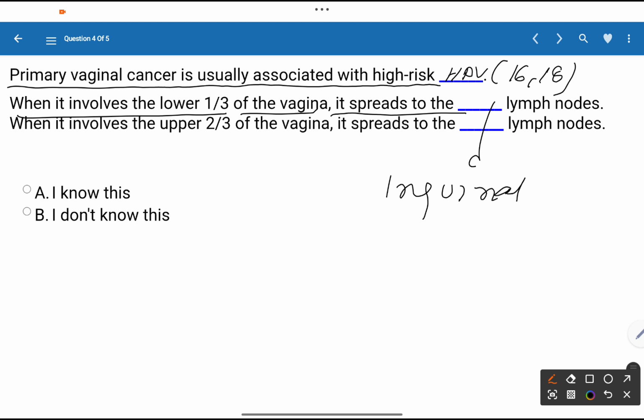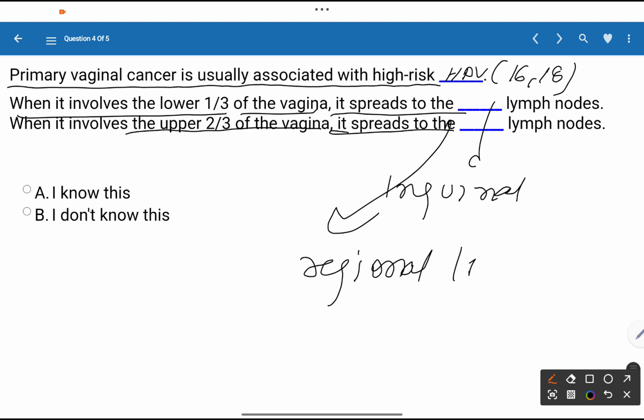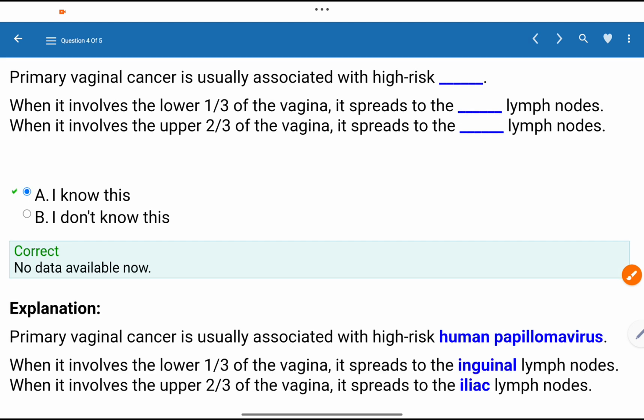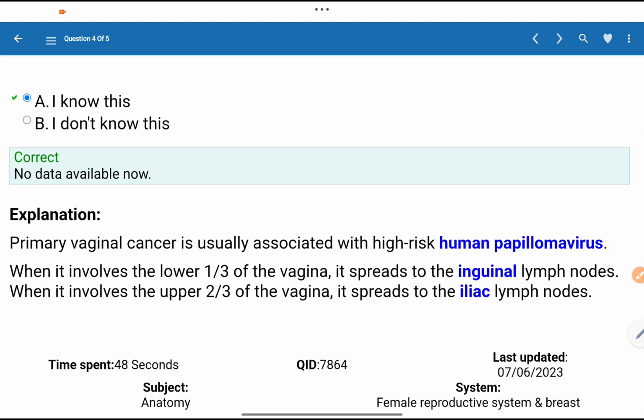But if it involves the upper two thirds of the vagina, then it spreads to which lymph nodes? I think regional iliac lymph nodes. Since I know this, I'll click yes, I know this. So I think I'm correct.